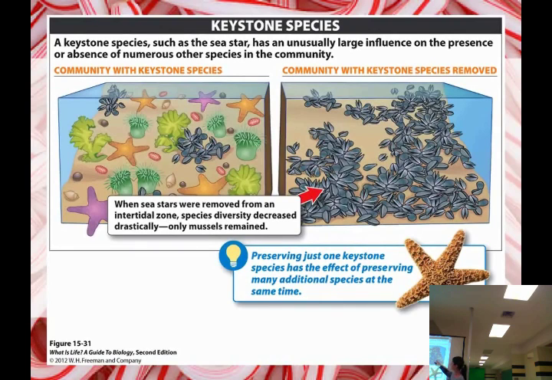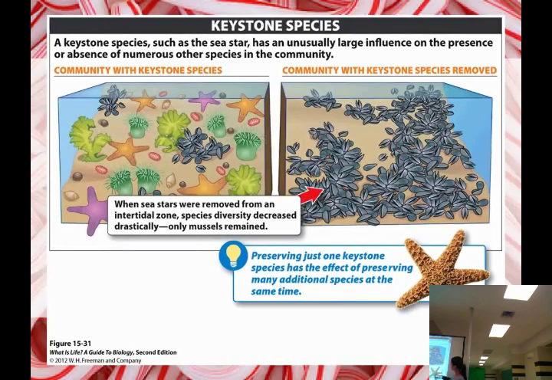This can be a sign of there not being enough species diversity in a community, because these things are going to outcompete all of the other things. And so what happens is that sea stars are really good at eating these mussels.